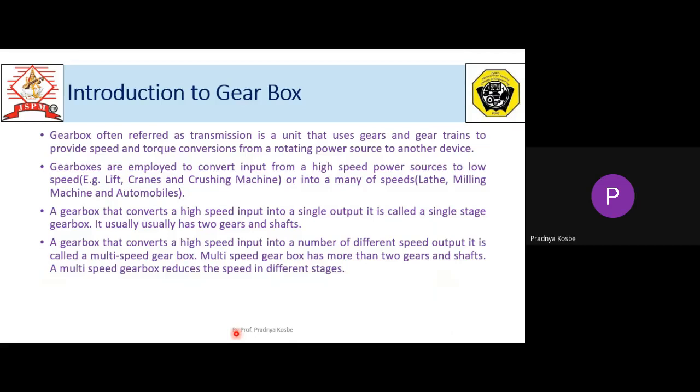A gearbox is often referred to as a transmission unit that uses gears or gear trains for conversion from a rotating power source to another device with the help of torque.